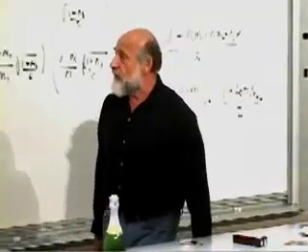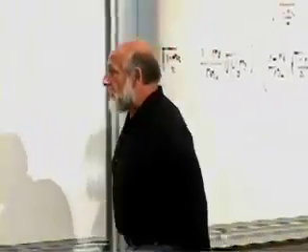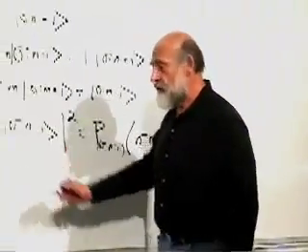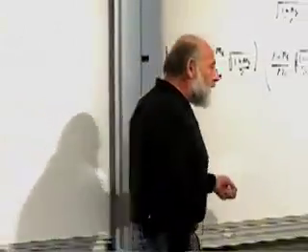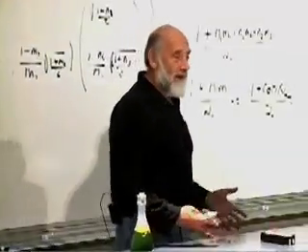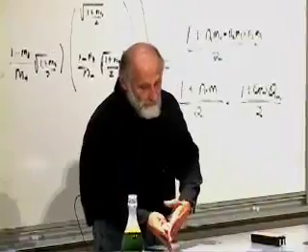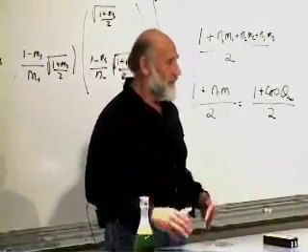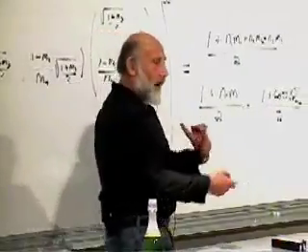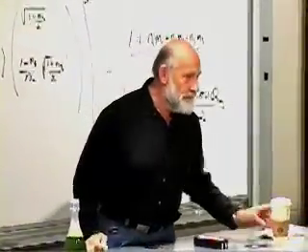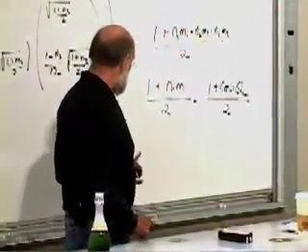So the first thing it says is that if you prepare the electron pointing along the n-axis, and then you measure it along the n-axis, you will definitely find it up. You made it up, you measure it, and you find it up. That's a good thing. What about if n and m are opposite to each other? Not perpendicular, but opposite.